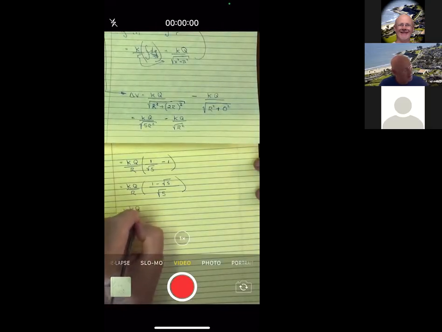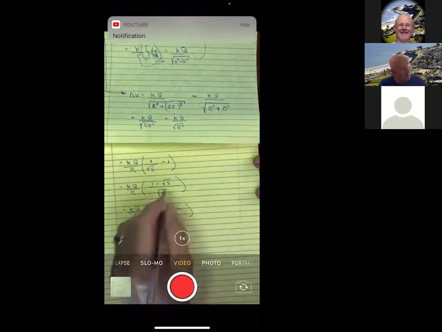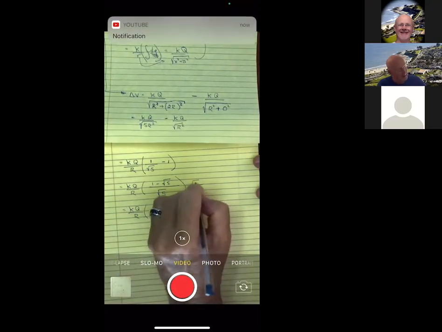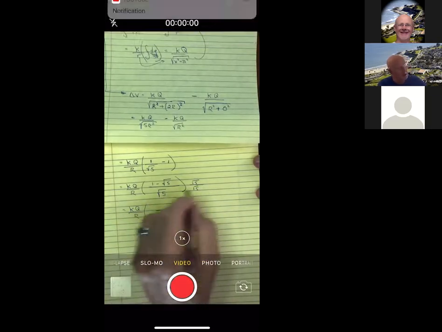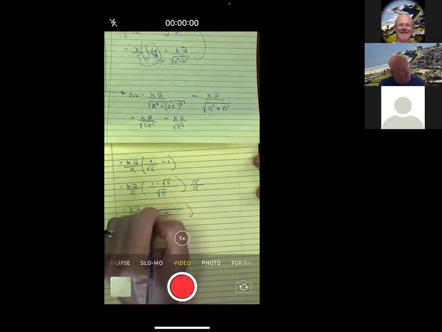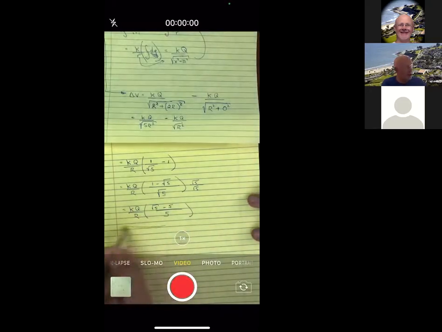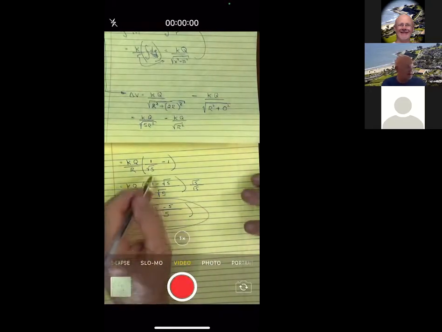And then let me multiply by root 5, top and bottom. So the bottom becomes a 5. And then this becomes root 5 minus 5. And so they rationalize the denominator.